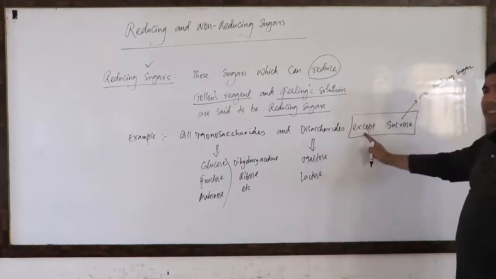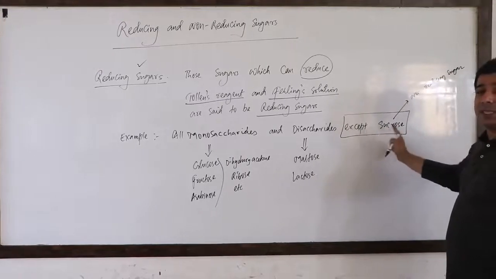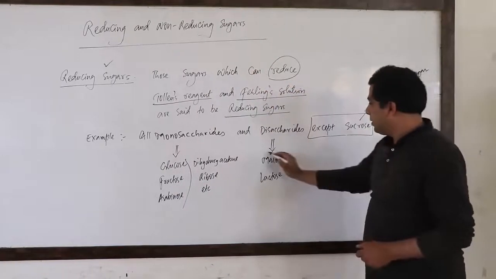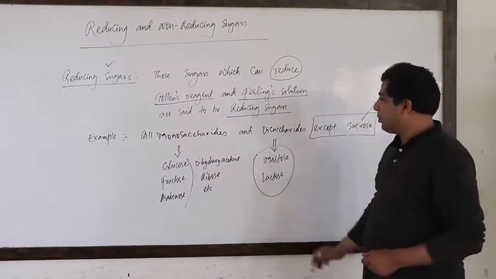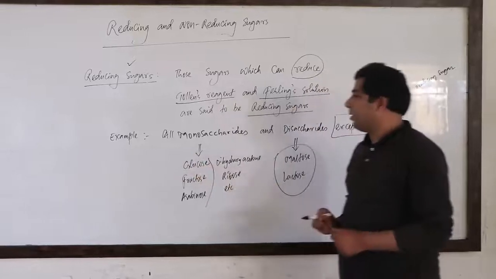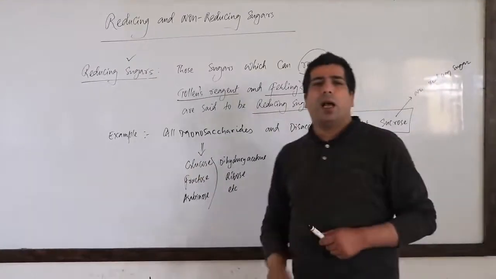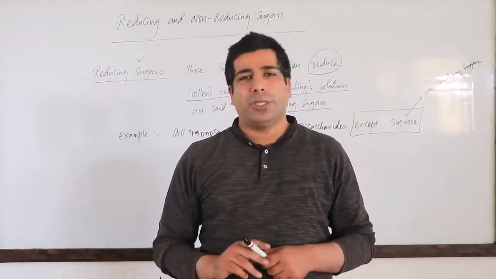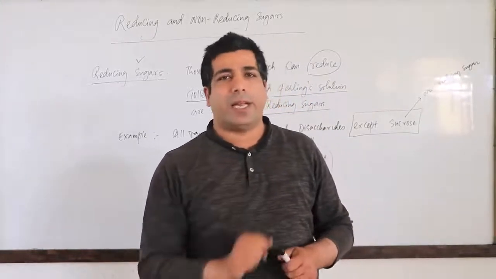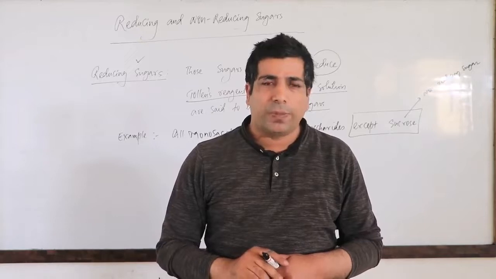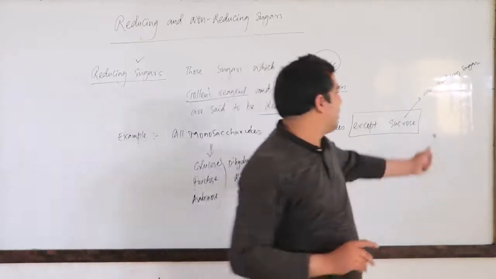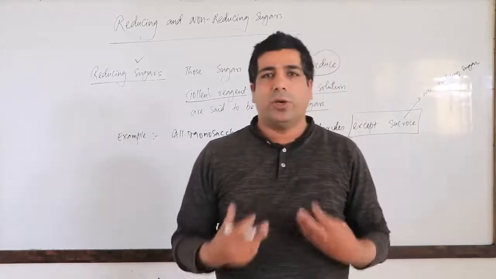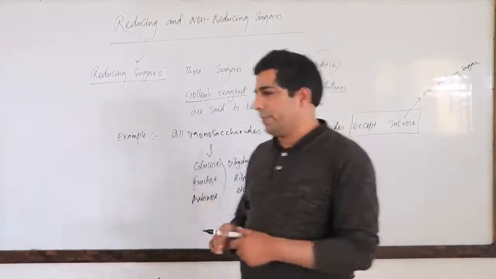That's why I wrote except sucrose. All monosaccharides and disaccharides are reducing sugars, but in disaccharides you have the sucrose molecule, which is basically a non-reducing sugar. So let us explain non-reducing sugars after this.